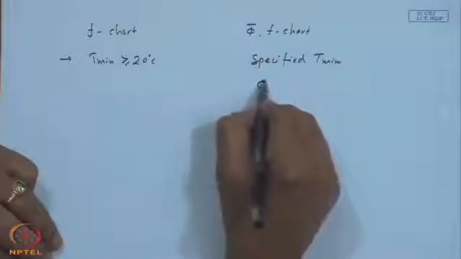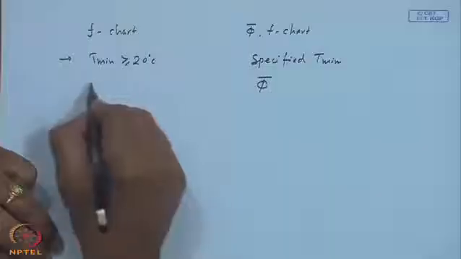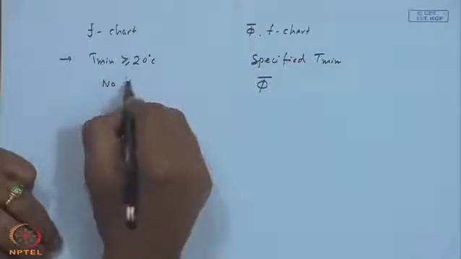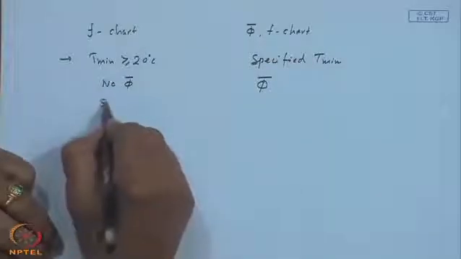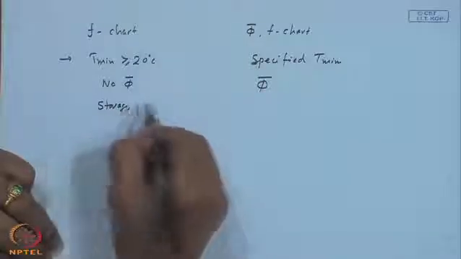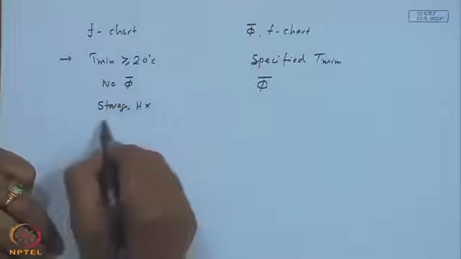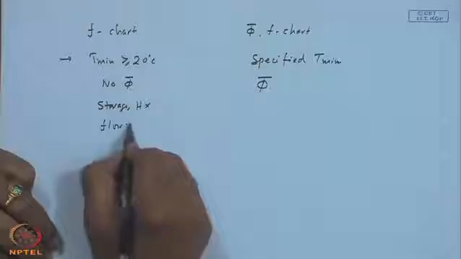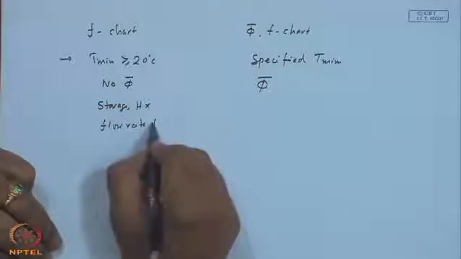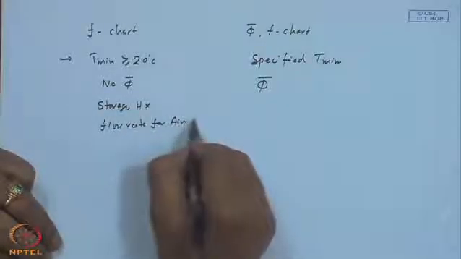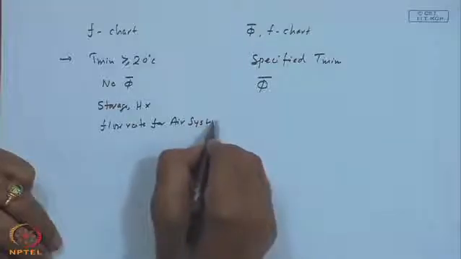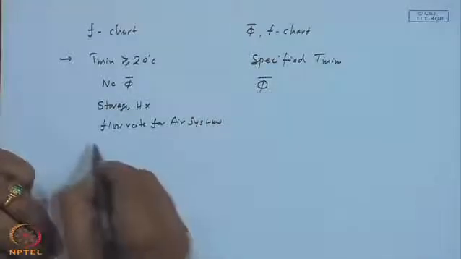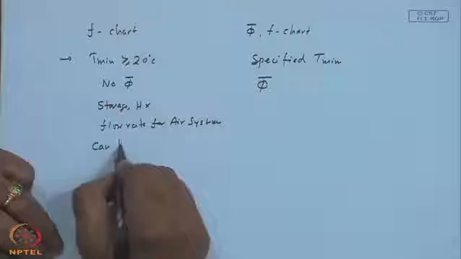So, this has an additional parameter phibar, this has no phibar. Storage, heat exchange, flow rate for air systems can be taken into account.